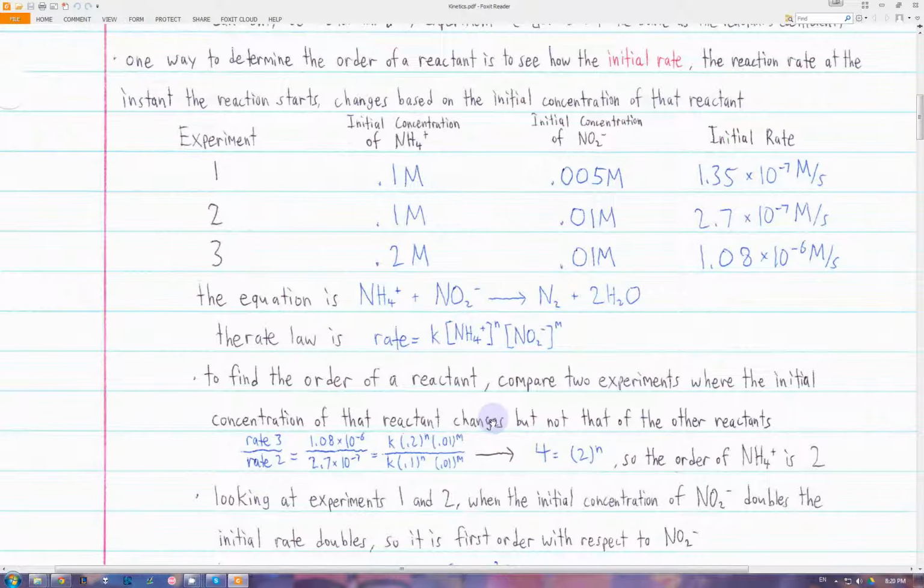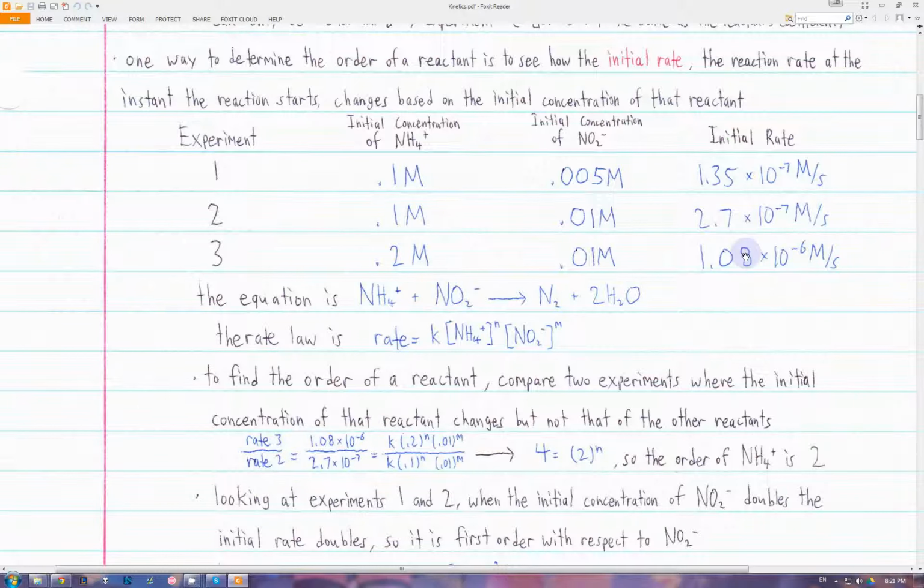So let's say we're trying to find the order of NH4 plus in this reaction. So we're going to look at experiments 2 and 3, since the initial concentration of ammonium ion changed while the concentration of NO2 did not change. So we can put the data from experiment 3, the rate law here, over the rate law of experiment 2.